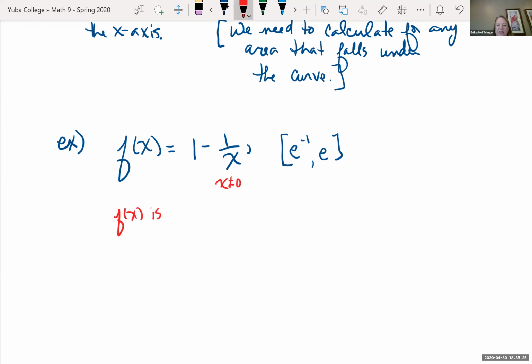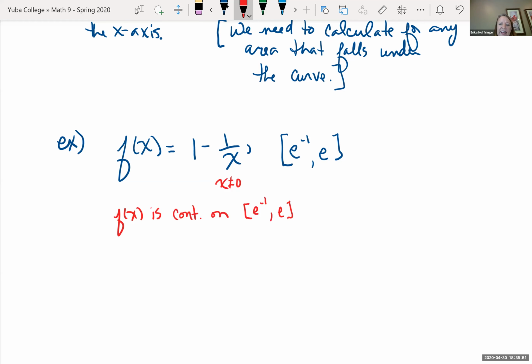But e to the negative 1 is just 1 over e, so 1 over 2.718, a positive number, up to about 2.718. So 0 is not in that bound. So f of x is continuous on the bound between e to the negative 1 and e.